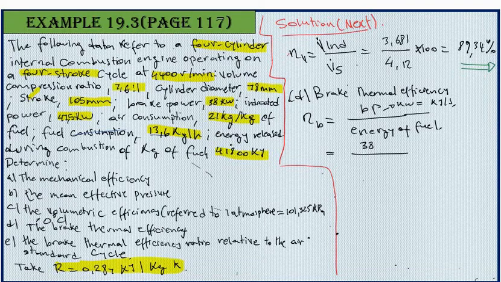To convert this value into kilojoule per second, I need to multiply it by the mass rate of fuel, because we know that power is equal to mass rate multiplied by the energy.